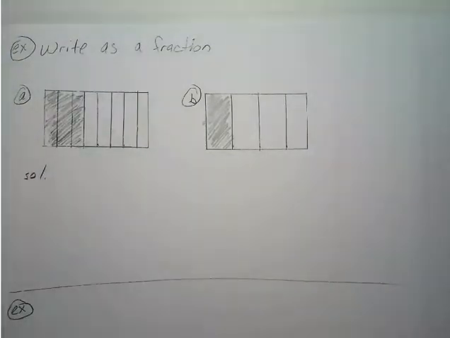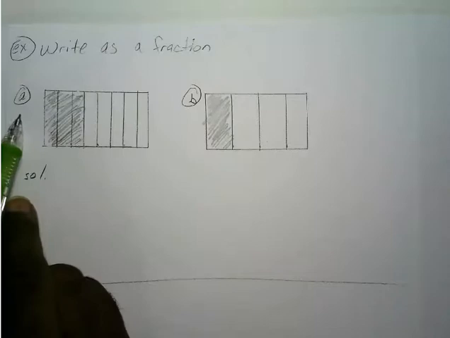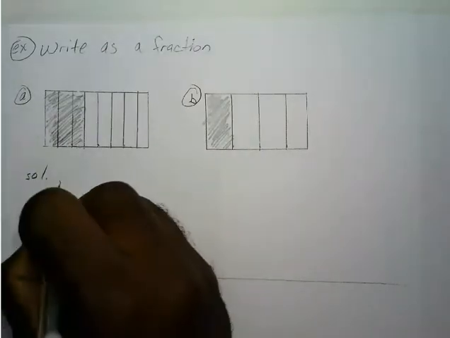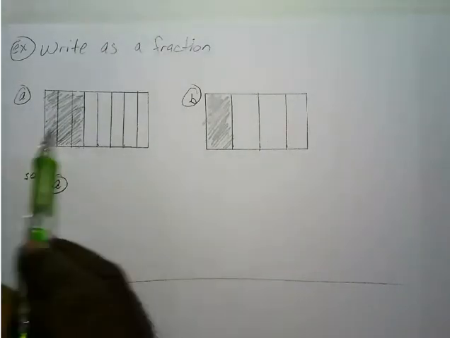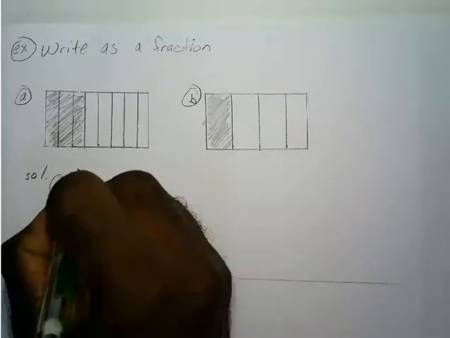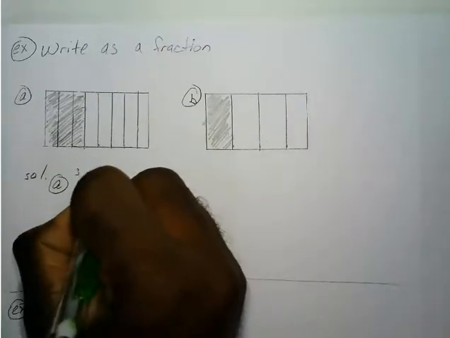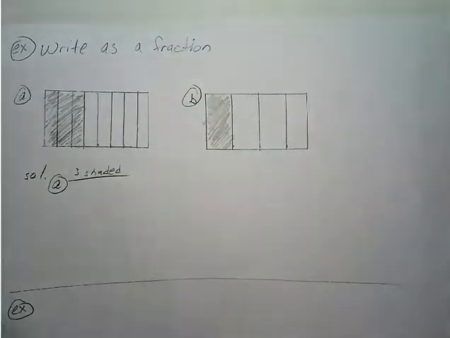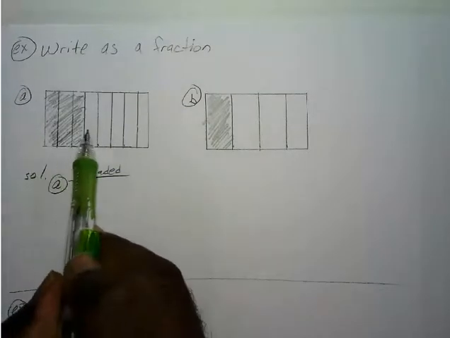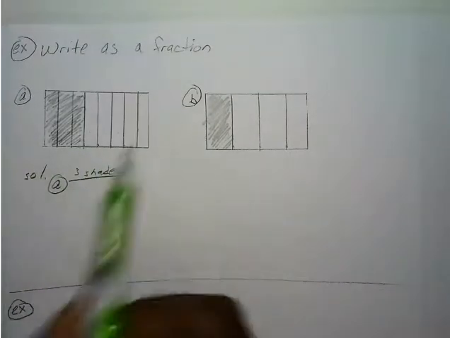Alright. So for figure A, you have 3 shaded, and you have 1, 2, 3, 4, 5, 6, 7, 8 total.